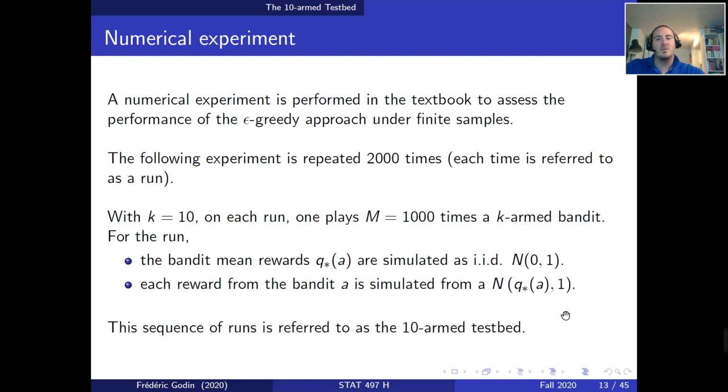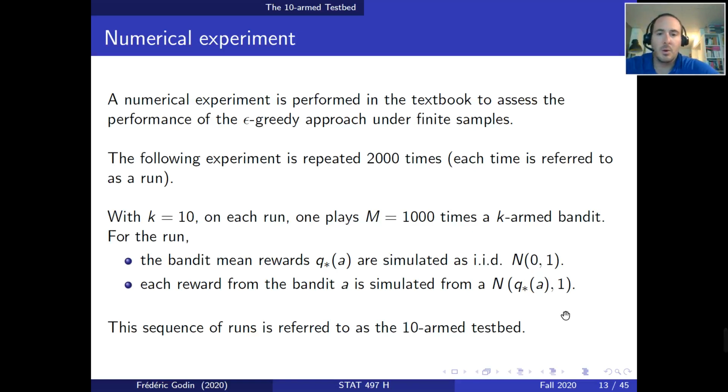To answer this question, we will perform a numerical experiment referred to as the k-arm testbed in the textbook, which will be described right now. This k-arm testbed is meant to evaluate the performance of the epsilon greedy approach under finite samples.